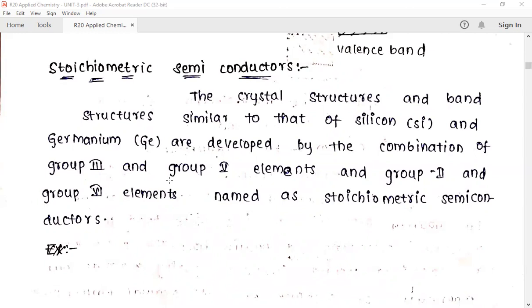For these stoichiometric semiconductors, take the example of gallium and arsenic.